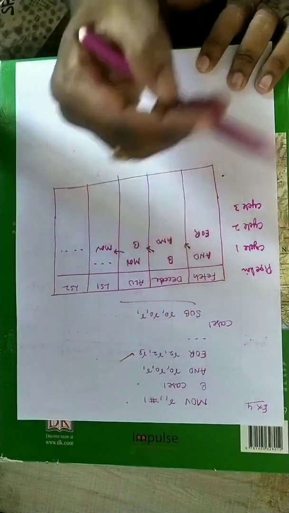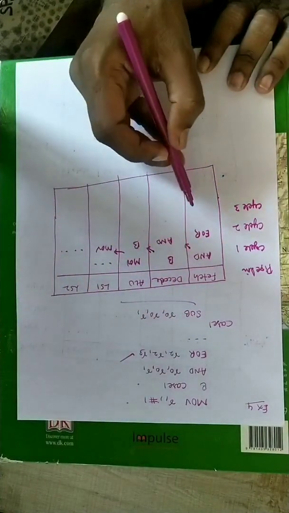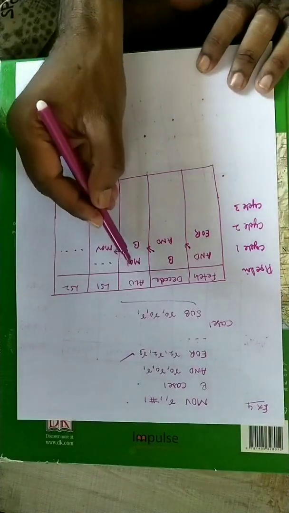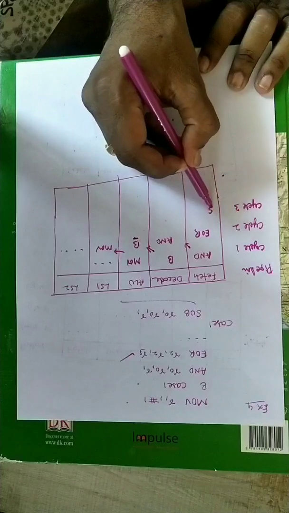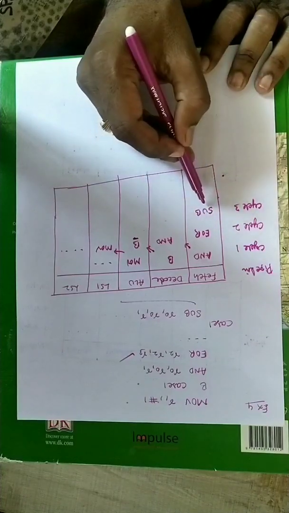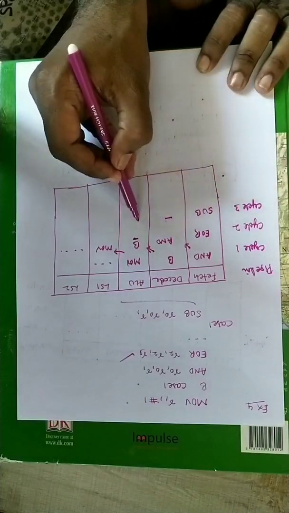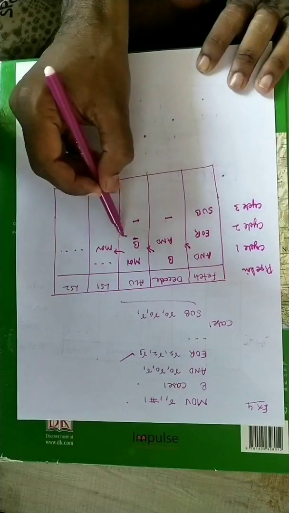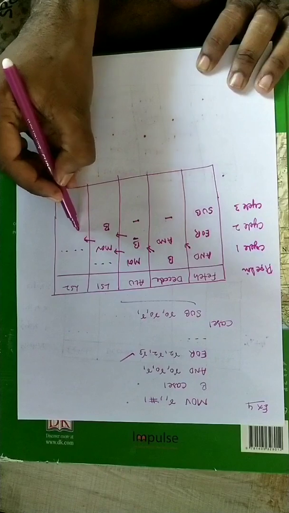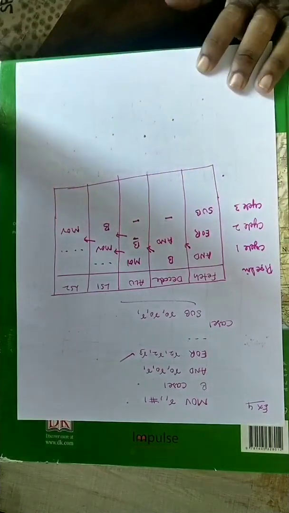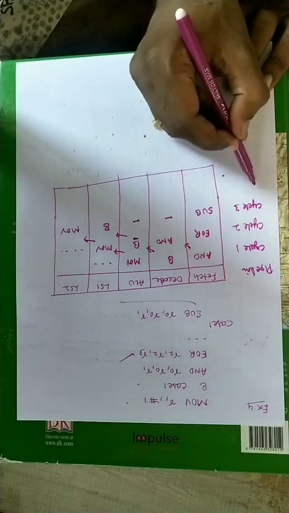So the subtract instruction's fetching operation takes place. Once this execution starts, the subtract instruction is fetched. Here there is no operation, and this moves to the next operation, and the move instruction moves on. Let me explain in detail.